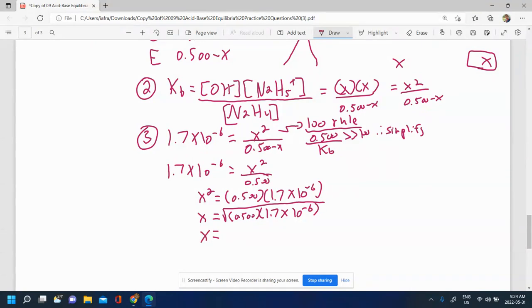So let's figure that out, 1.7 times 10 to the power of negative 6 times 0.5, square root of that. We get 0.000921954. Let's try it again. Let's redo this. Copied it down wrong. So 0.000, so 3 zeros, 9219.